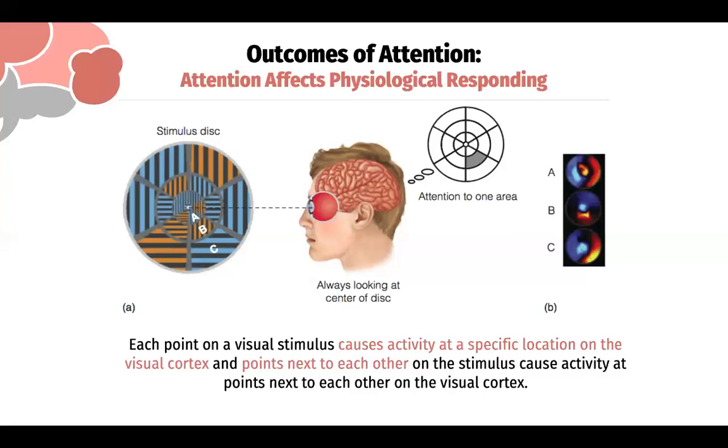By collecting brain activation data for all the locations on the stimulus, the researchers created attention maps that show how directing attention to a specific area of space activates a specific area of the brain.